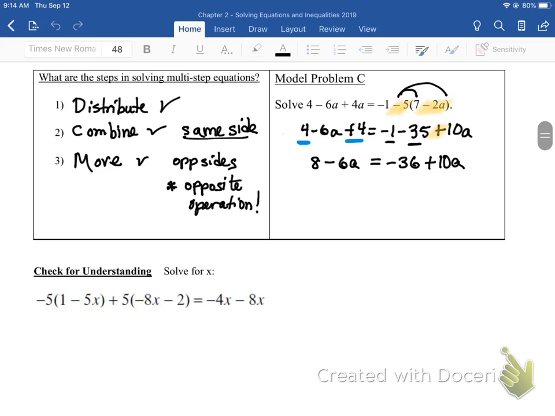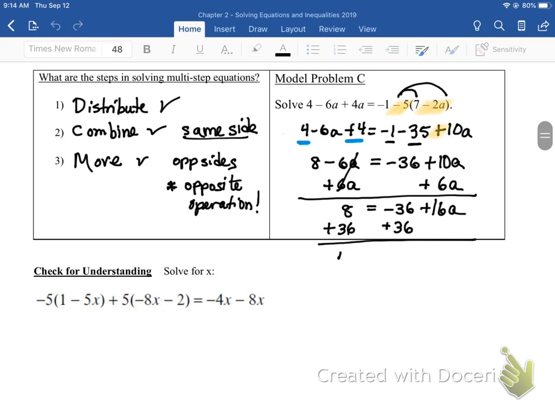Okay, -6 is smaller than 10, so I'm going to move that. Always keep that equal sign in a line. So I've zeroed this out. Only 8 is left on the left. Here, -36. And 16a. So the a's have claimed the left. Now, -36. Opposite of that is +36. So let's do that.